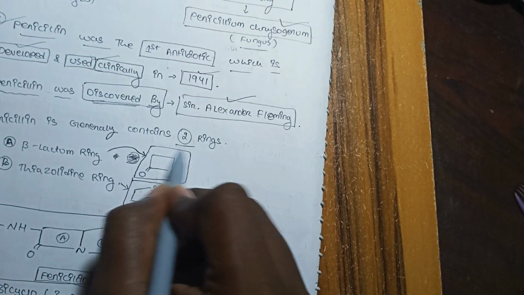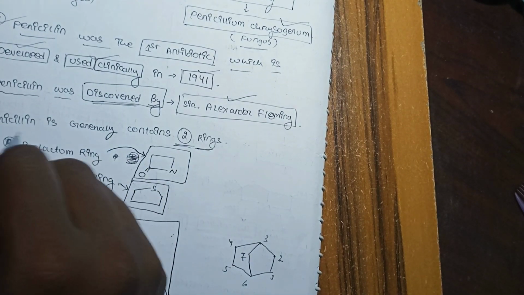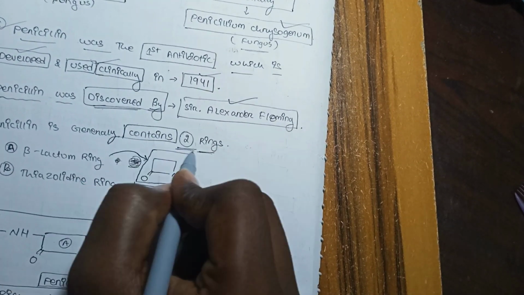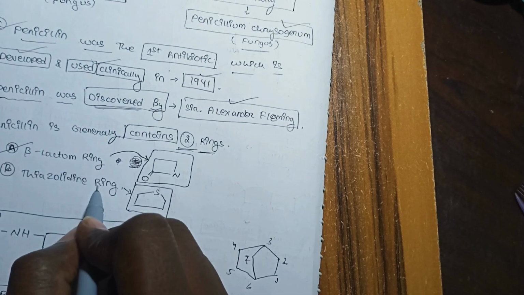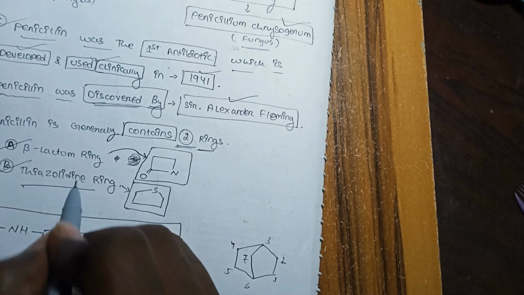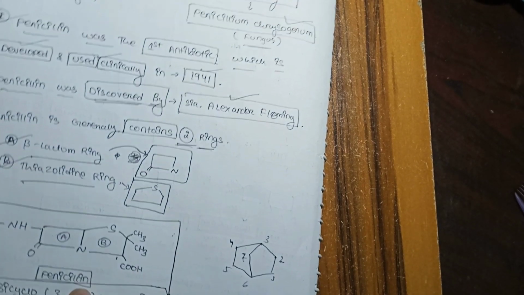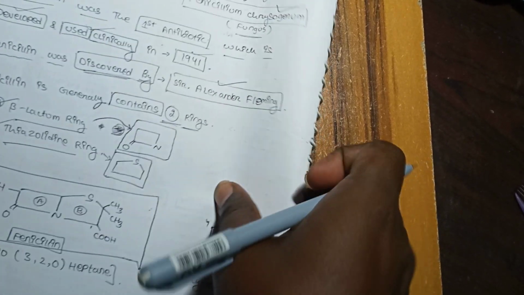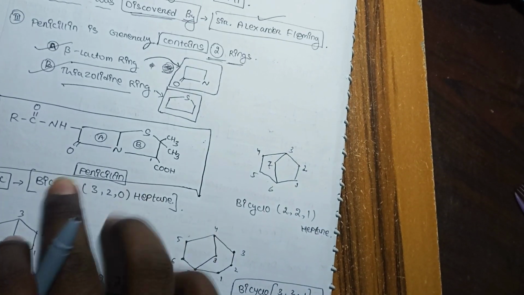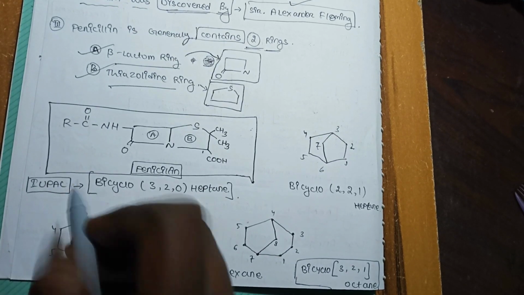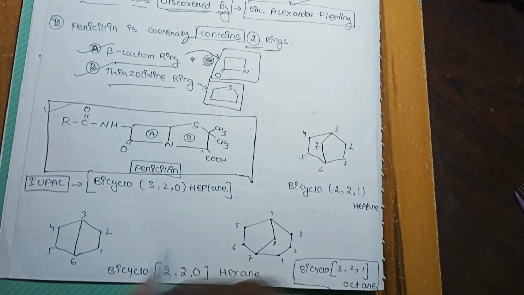Penicillin contains two rings. One is the beta-lactam ring and another is the thiazolidine ring. Here is the figure of penicillin.